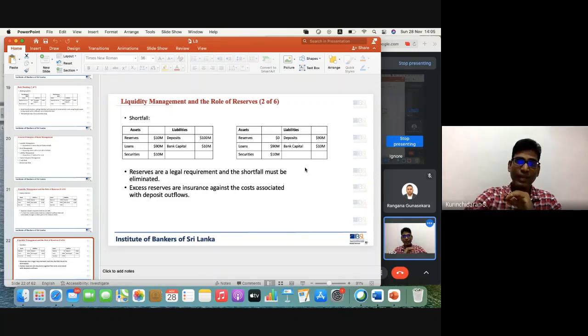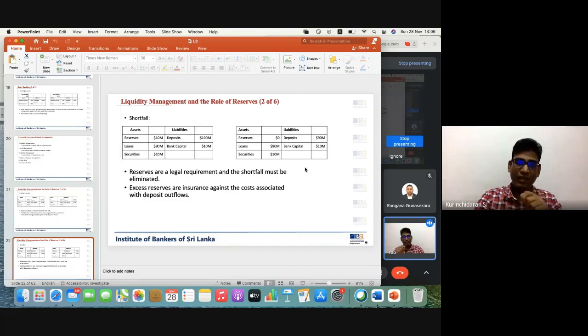So when we say liquidity management in ALCO, this is what they discuss, and they decide how much they have to maintain. Let's assume in a festival season you will be losing so many deposits. So you should know how much reserve I should maintain.